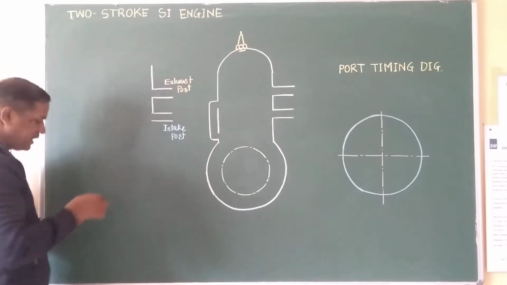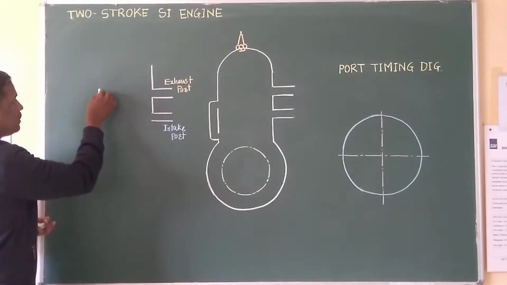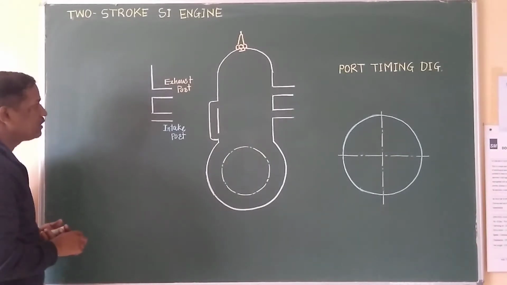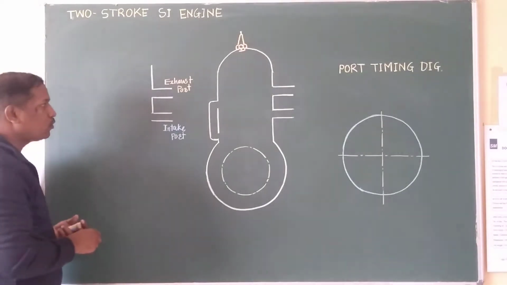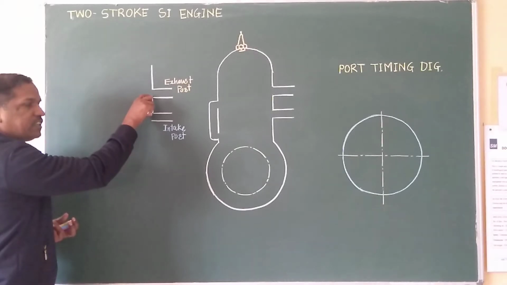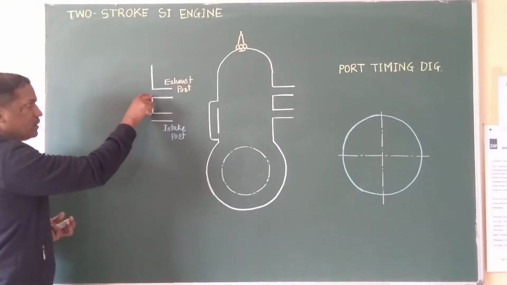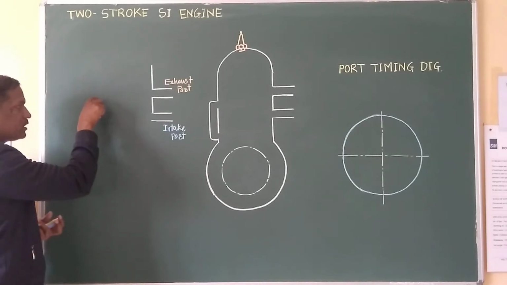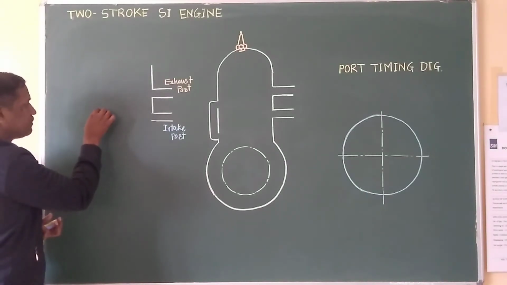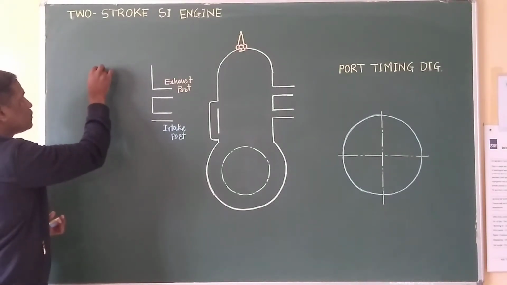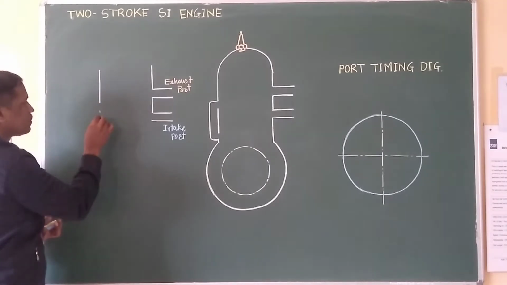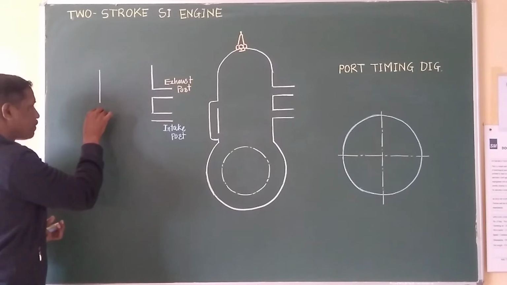Now, as I said in a previous video, just put a scale, and on the edge of the second side we have to draw the third port, that is the transfer port. The transfer port opening will be at the center of this portion.